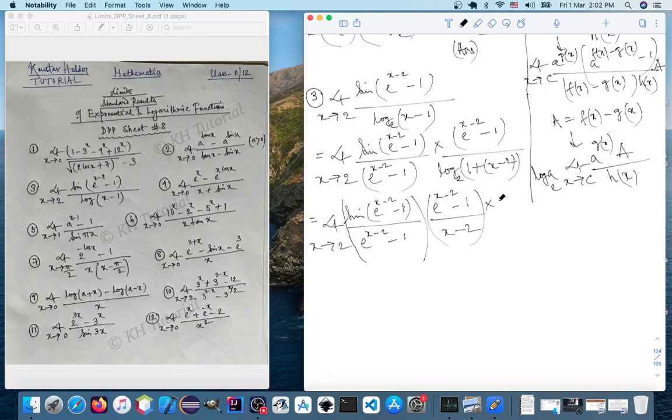We have to adjust x minus 2 above, and we have log over here of 1 plus x minus 2. So this x minus 2 we can bring downwards as the denominator of log, and it will have the standard result log of 1 plus f(x) by f(x), where f(x) is x minus 2. So now at this stage we can directly put in the standard result. This becomes 1, this becomes 1, also this becomes 1. So the answer is 1.